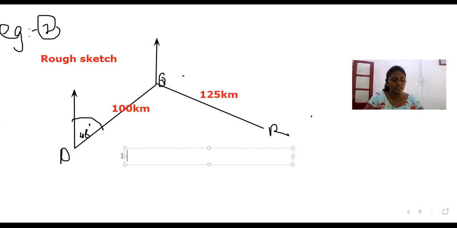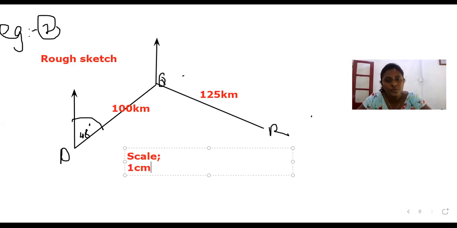Right, now how do we decide the scale? Shall we show 1 centimeter as 50 kilometers? Then for 100 it is just 2 centimeters, a very small value, no? Understand? So that's why shall we take 1 centimeter represents 25 kilometers. That's a better scale.